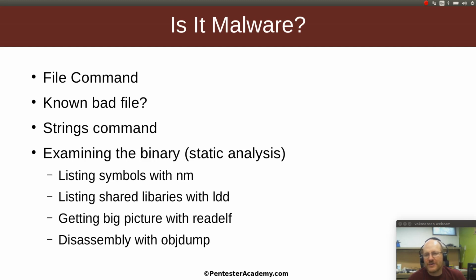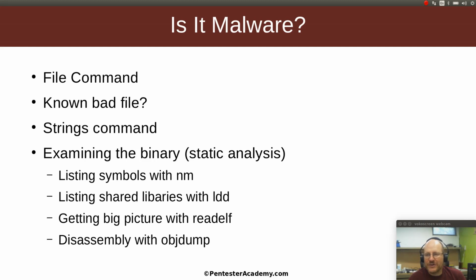We'll also talk about how you can determine if it's a known bad file. One of the ways that you can do this is to use a hash. There are several databases of hashes for known files out there that you can access. So you can perform a hash of your file and then see if it's found in those databases.